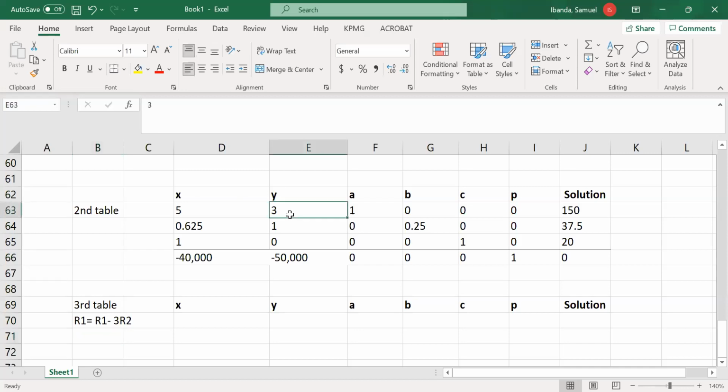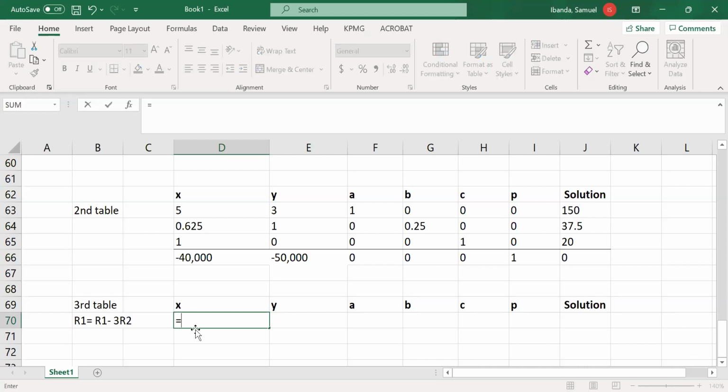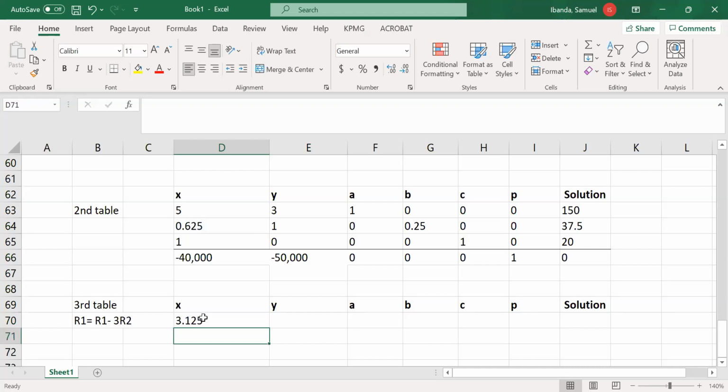Now look at this. If this is 3 and I subtract 3 times 1, it gives me a 0. Let's see it from here. 5 minus 3 times this gives me a 3.125.